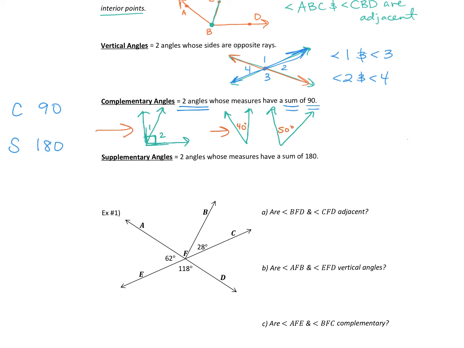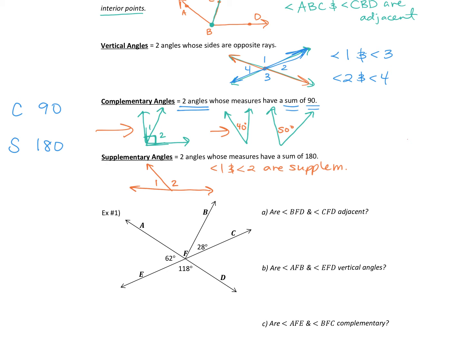The same is true of supplementary. And supplementary is a little easier to see because you can see when something is a straight line, right? So supplementary, if I have two angles that add up to 180 instead, they're going to make a straight line. So we would say angle 1 and angle 2 are supplementary.